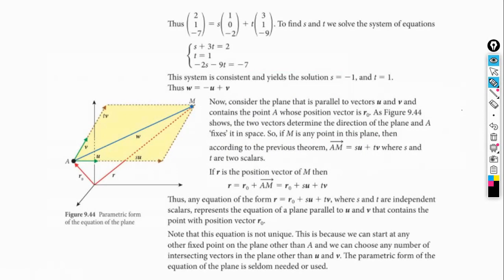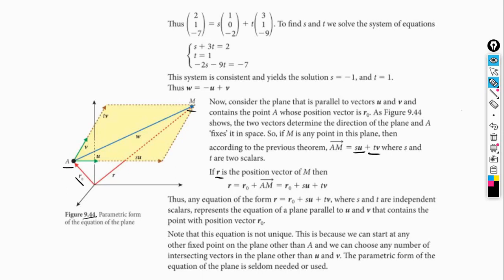Now take a look at figure 9.44 and consider the plane that is parallel to vectors u and v and contains the point A, whose position vector is r₀. The two vectors determine the direction of the plane, and A fixes it in space. So if M is any point on this plane, then according to the previous theorem, vector AM = su + tv, where s and t are scalars.